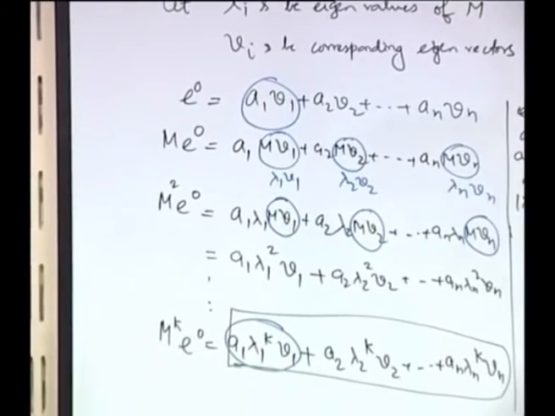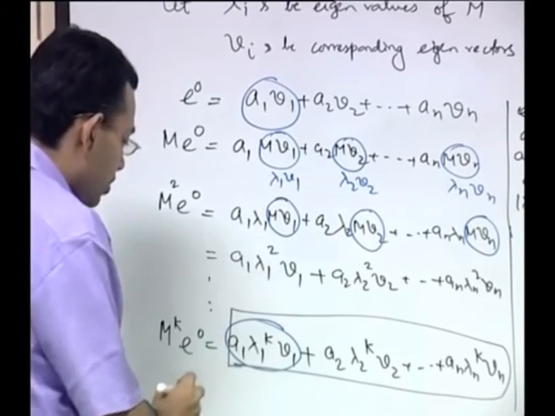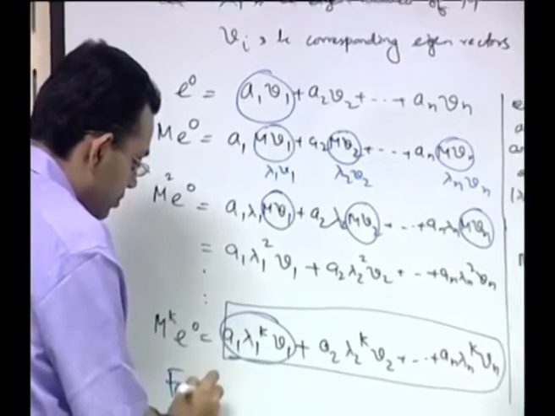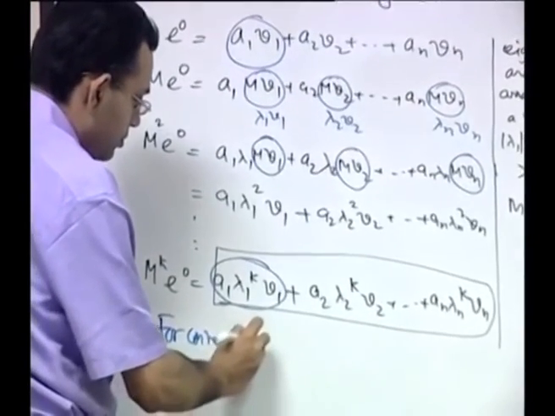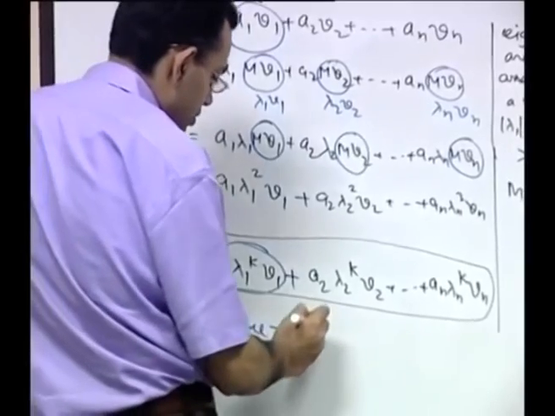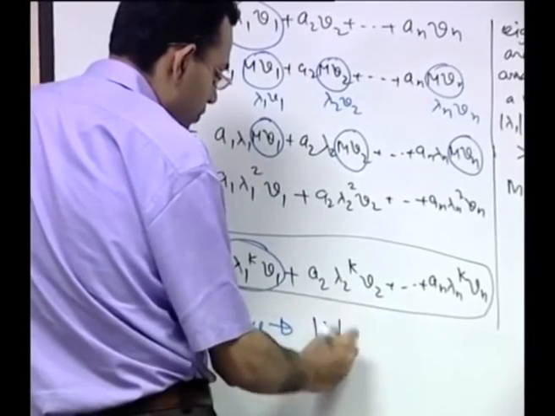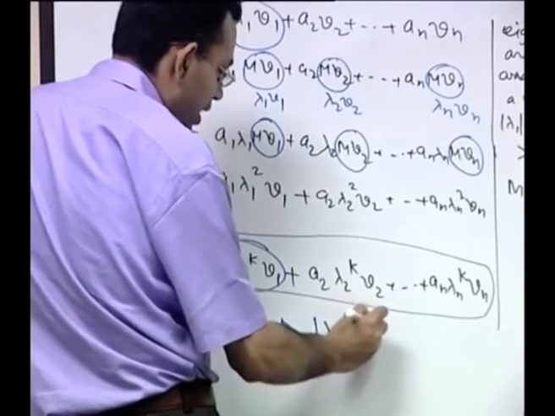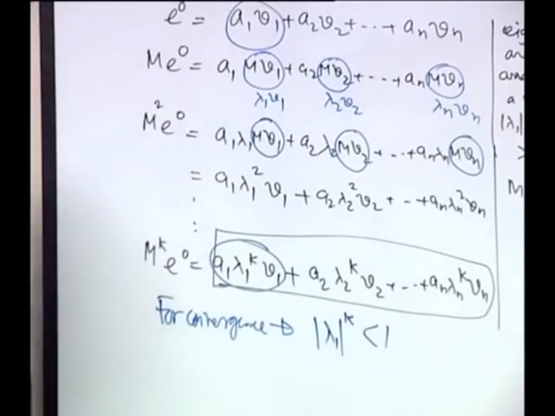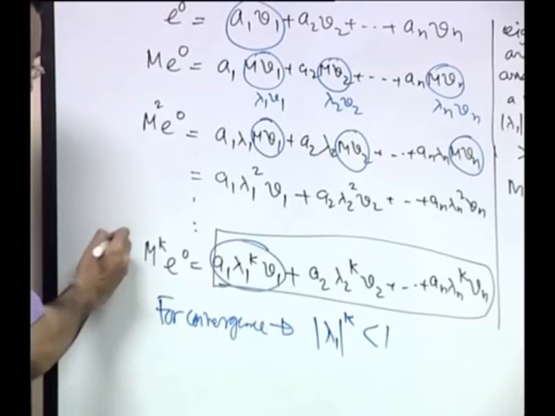If you do that, you will see that what you require for convergence is that mod of lambda 1 to the power k is less than 1. So this is Ek.